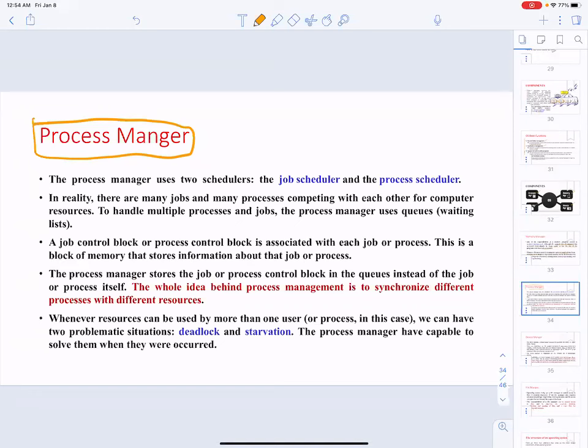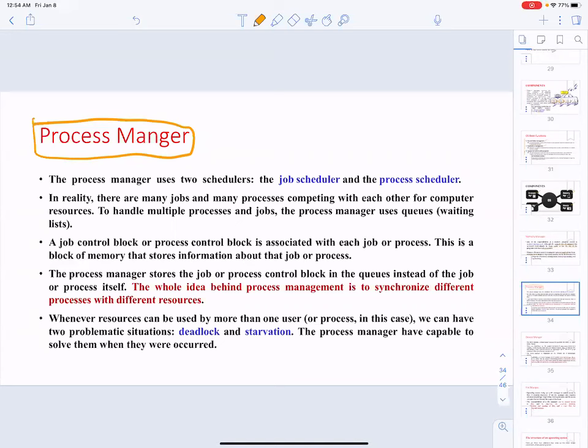Because once a process is in memory, in the RAM, it is ready to be executed. But the operating system receives many processes. How would you schedule the arrival of processes? How would you schedule the execution of the processes? That's what the process manager is responsible for.